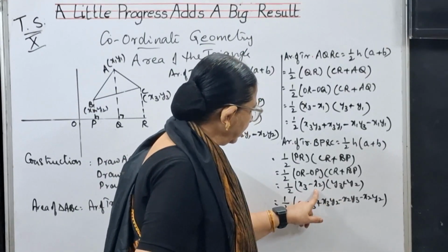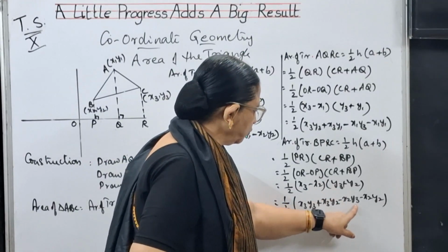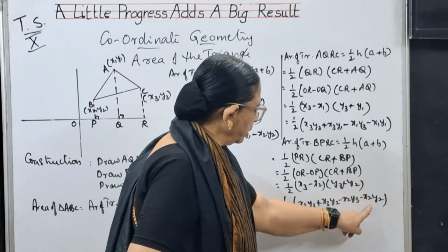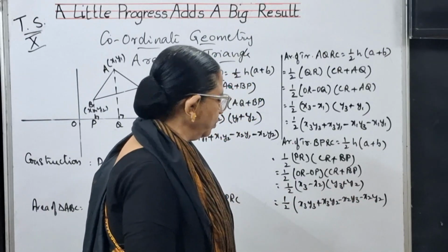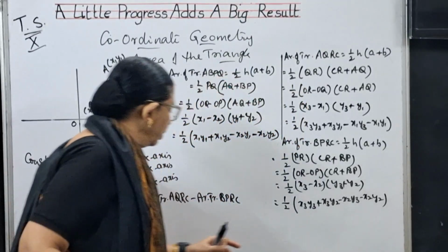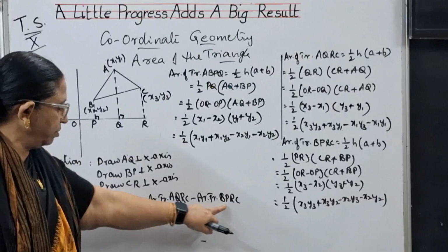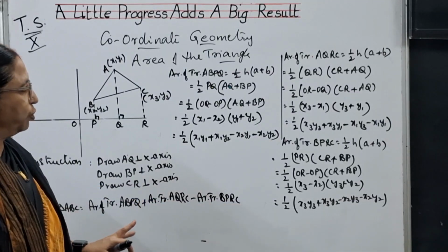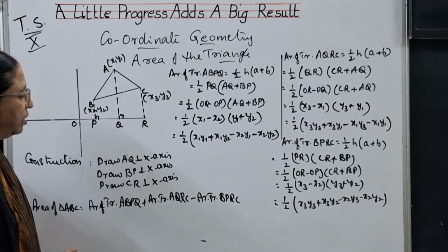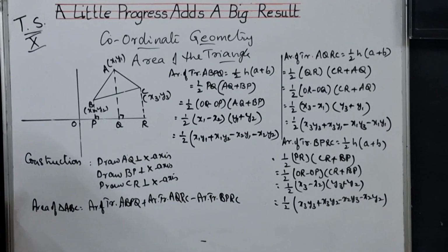So minus x2 into y3, x2 y3, minus into plus minus x2 into y2, x2 y2. So these are the various values that we have got for this, children. I have no space to continue this. If you copy this, I will continue the next part.